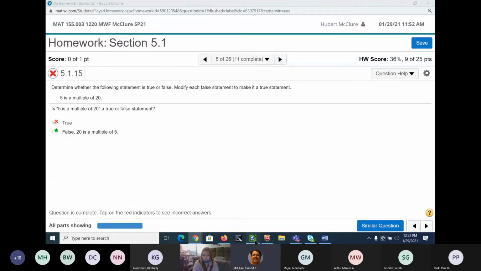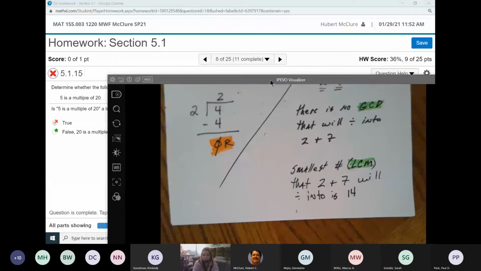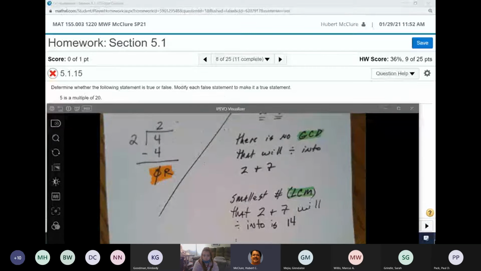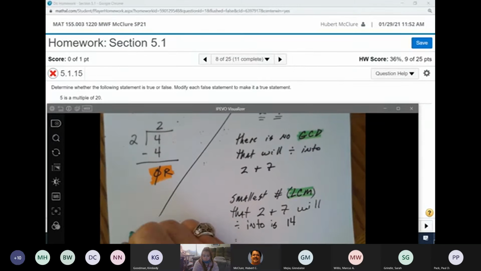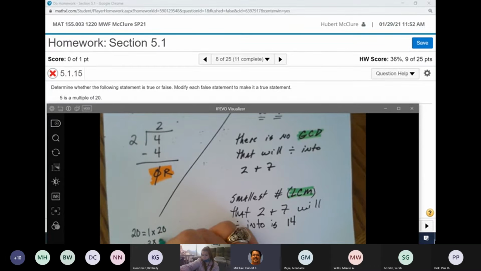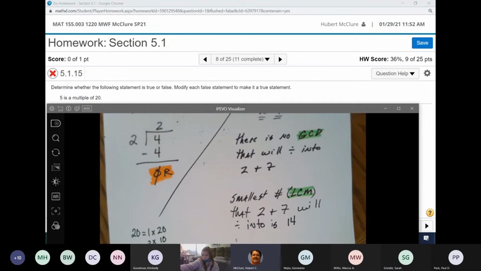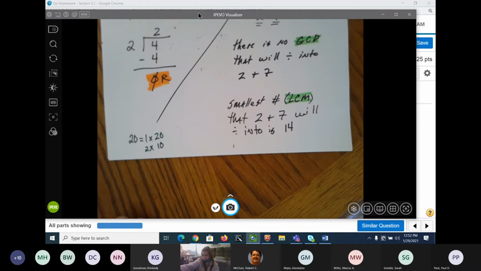When you see this problem right there, the best thing for you to do is to just write it out. 20 is equal to 1 times 20, 2 times 10, and 4 times 5.